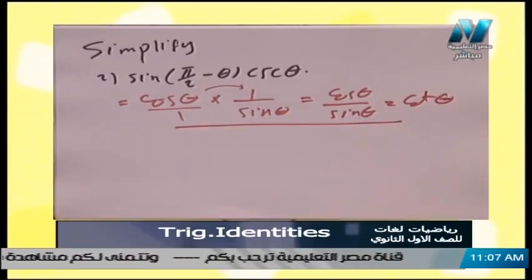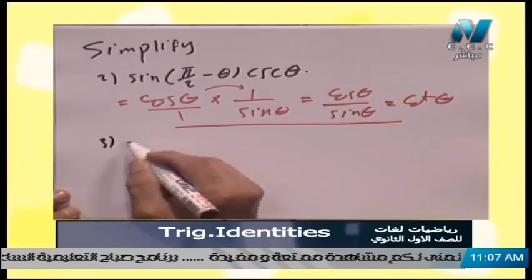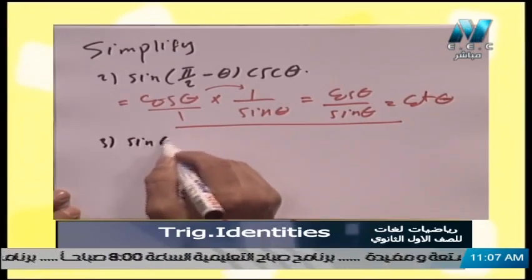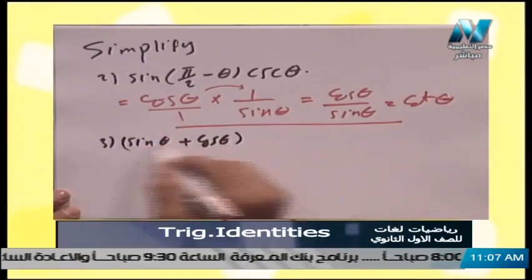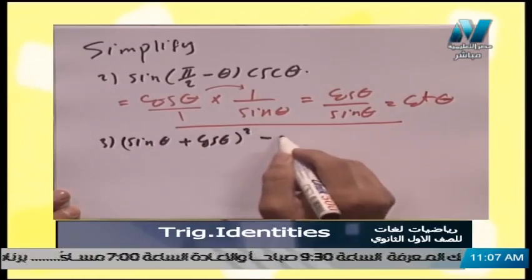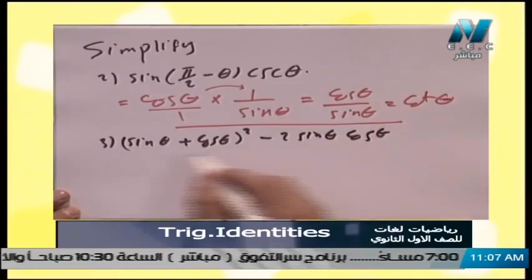The second: simplify sine theta plus cosine theta all power 2 minus 2 sine theta cosine theta.